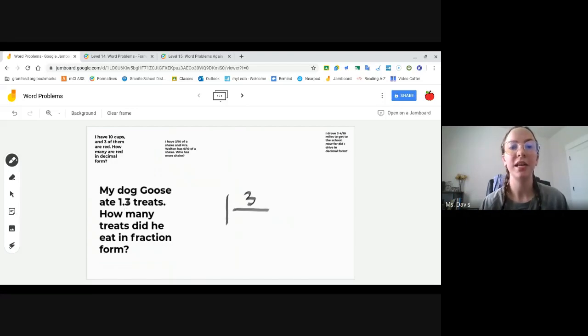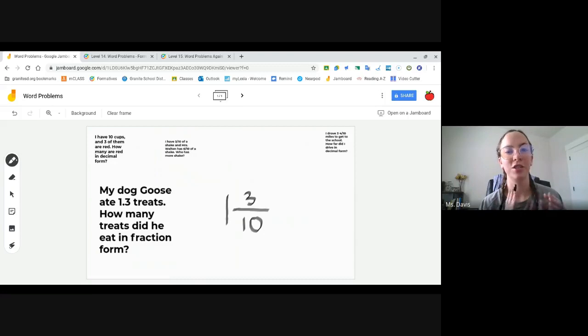So this 3 is in the first place value spot, which is the tenths spot. So my denominator has to be a 10. So Goose ate 1 and 3 tenths treats. So this is the fraction form of this decimal. Going from decimal to a fraction can be kind of tricky, which is why I included this one.